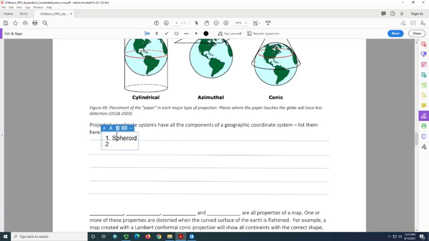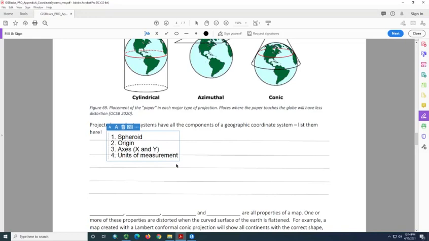Two, they're going to have a point of origin. Three, they're going to have axes, x and y. And four, they're going to have units of measurement. You can't get away from these elements. Every coordinate system needs these things.